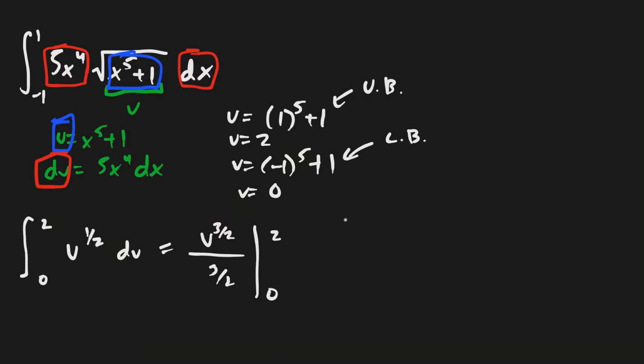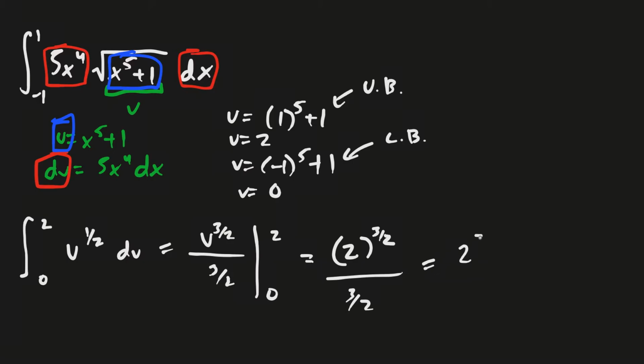And since we rewrote this in terms of u, we can just literally plug this 2 in. So this is going to be 2 to the 3/2 power over 3/2, and also plug in the 0. That's just going to be minus 0, since 0 to the 3/2 power is 0, over 3/2 still 0. So we don't even need to write that. So what is this going to be equal to?